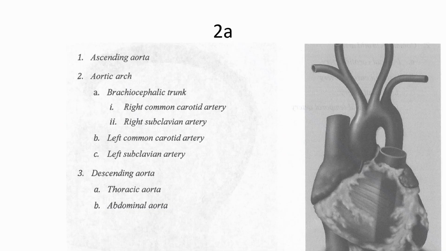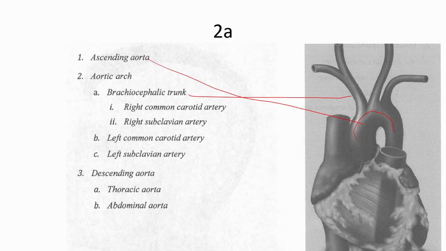So let's go to some anatomy. So the ascending aorta, that's that one. The arch, that's the arch right here. Again, it's an arch. The first branch out of the aorta is that one, the brachiocephalic.